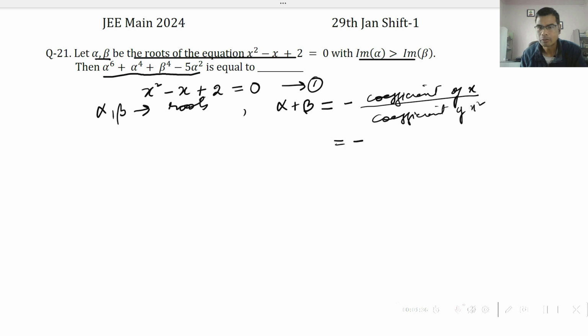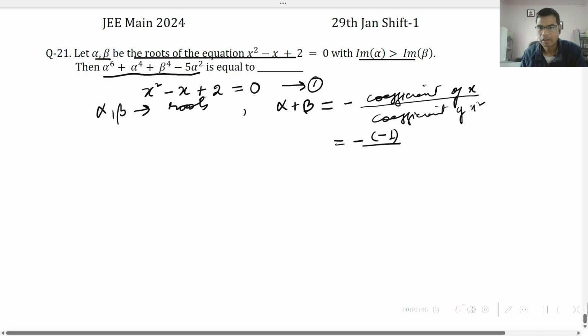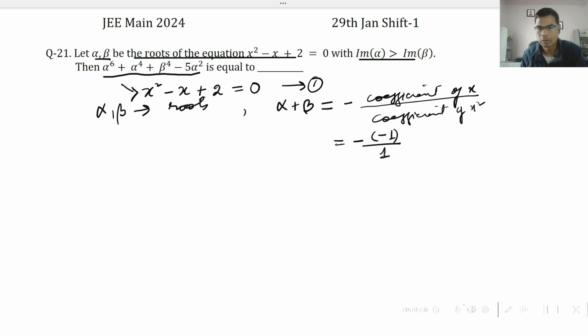The coefficient of x is minus 1, and the coefficient of x square is 1. So negative of a negative is 1, and 1 divided by 1 is 1. So this is the sum of alpha and beta.